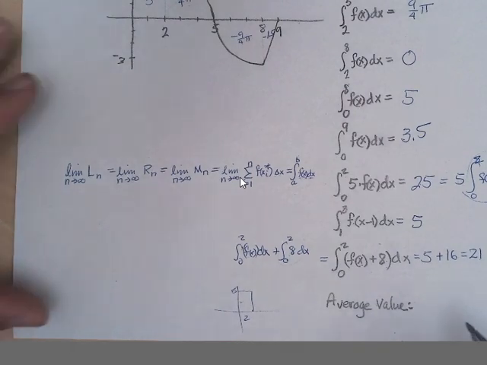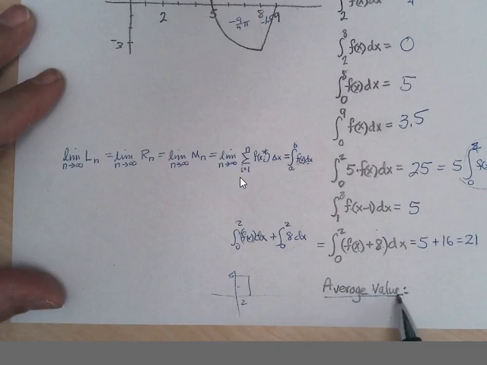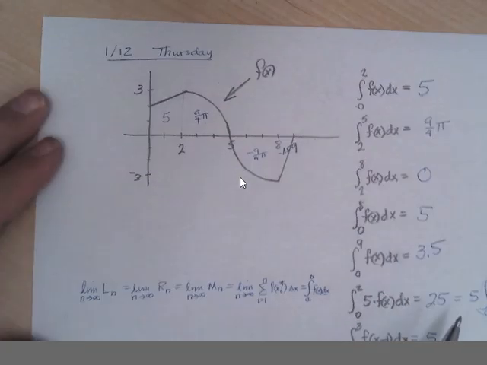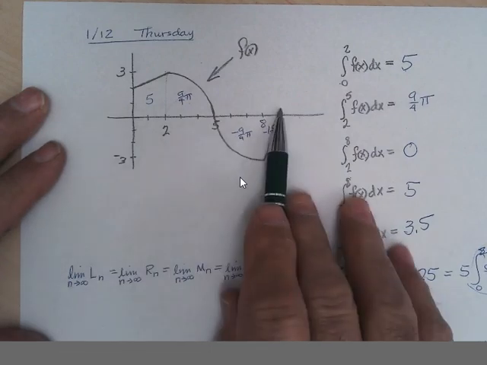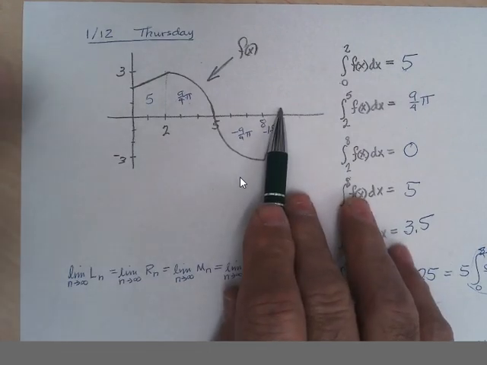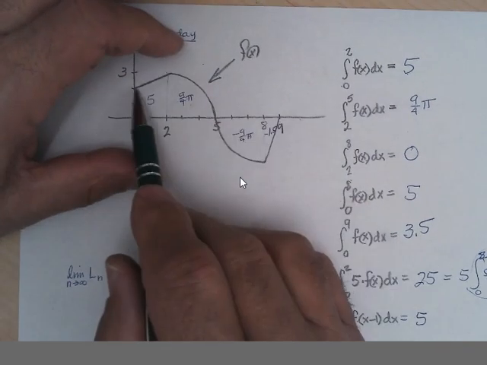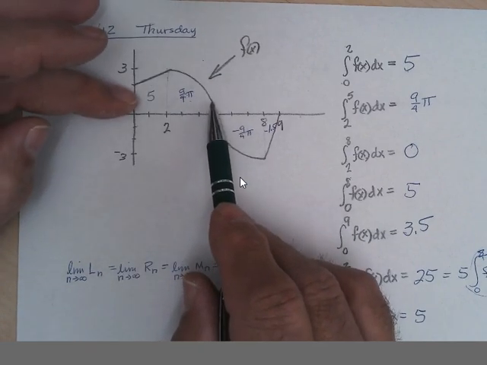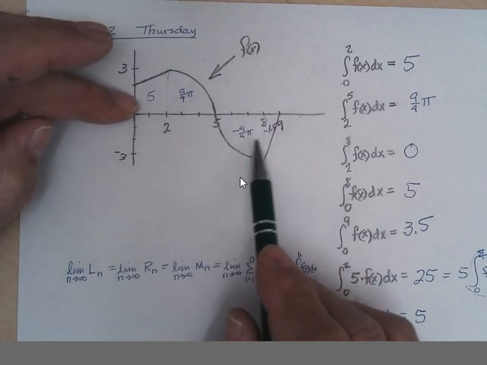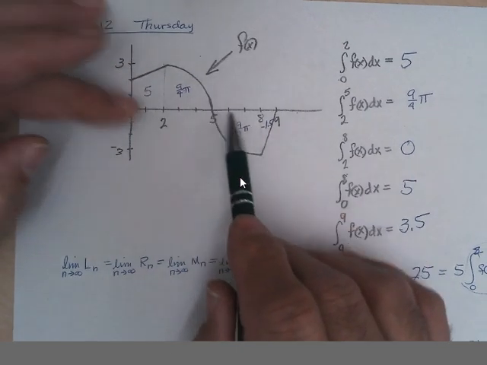And then how do you do average value? What is that about? So what's the average height of this curve? Well, up here it's pretty high, but then it goes down to here, and so that's going to lower the average. And then you got some negative here, which is going to pull the average down.